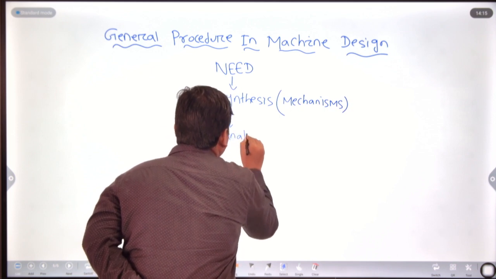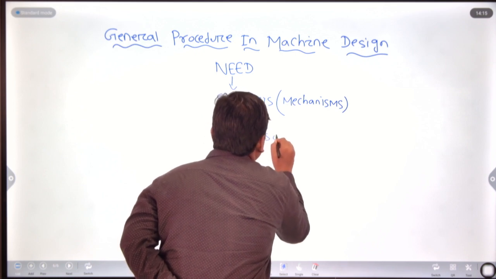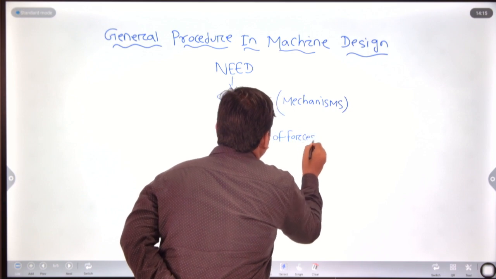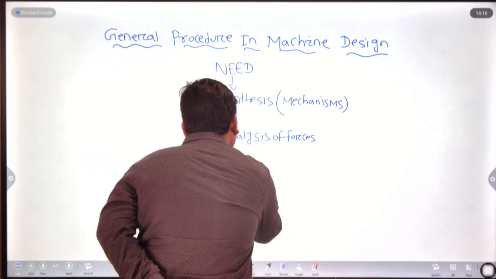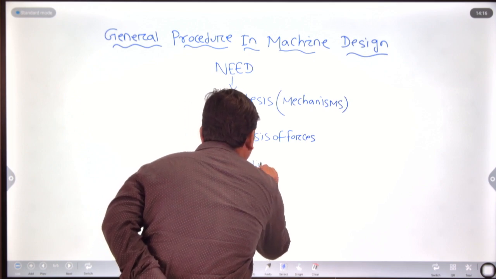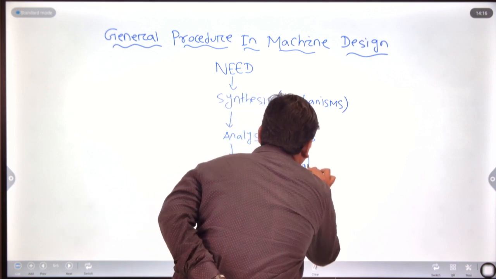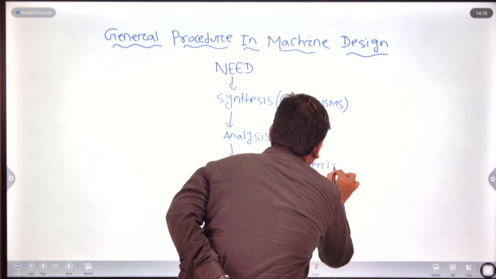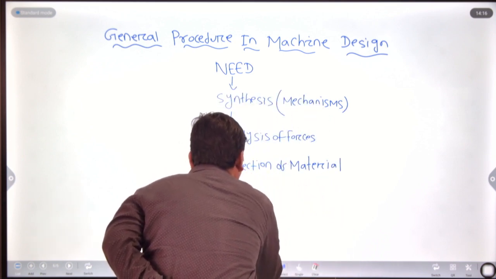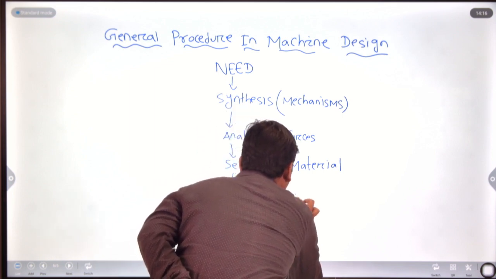Then selection of material. Then design of machine element.